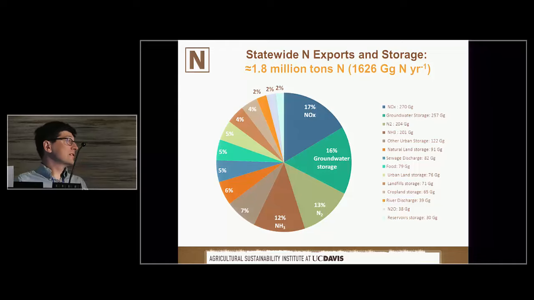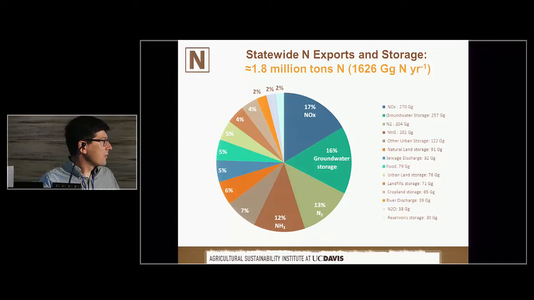Some of that is due to the hydrology in California and the geographic setting, and where nitrogen is used. And then a whole bunch of other losses, both gaseous losses of N2, ammonia, and N2O, and then relatively small dissolved losses of nitrogen. So relatively little nitrogen going out in the rivers, relatively more actually going out directly as wastewater from sewage treatment plants than in all of the rivers combined in the state.